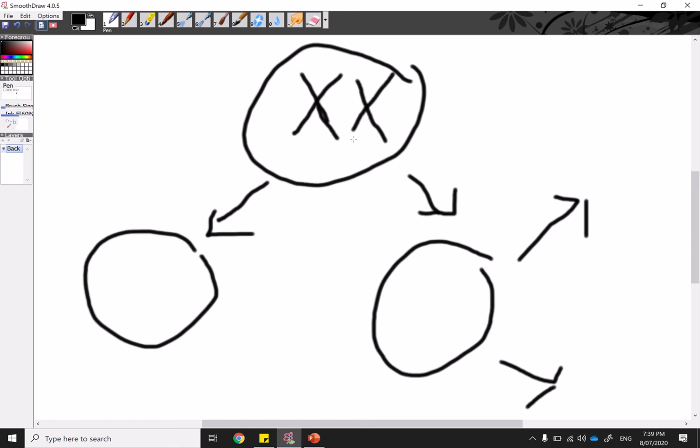So to start, we need to know the difference between diploid and haploid. Diploid just means a pair, and haploid means single. And we usually use these two terms in biology to describe the diploid number and the haploid number. What we see here is a diploid cell because we see a pair of chromosomes, right?